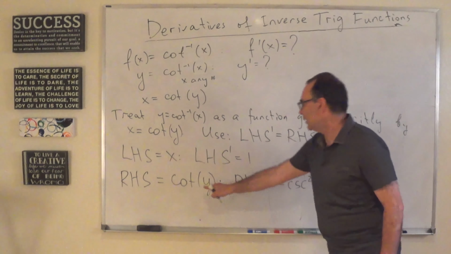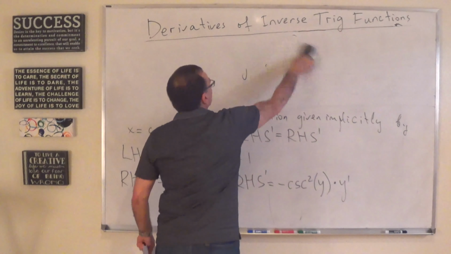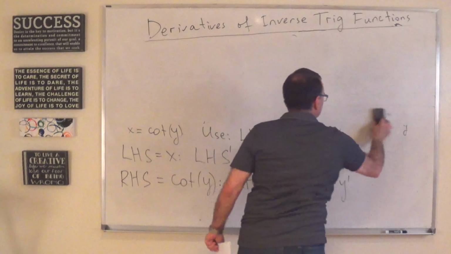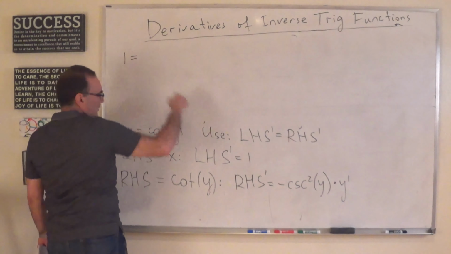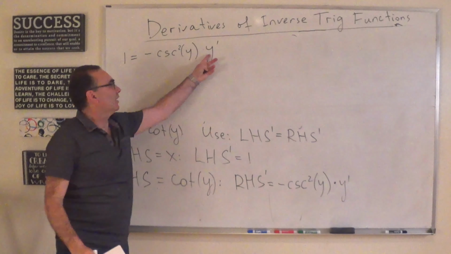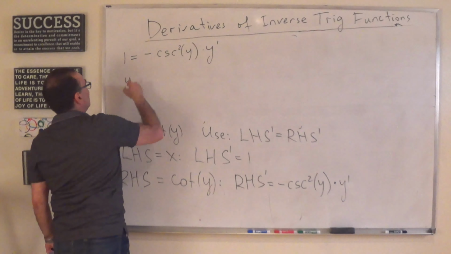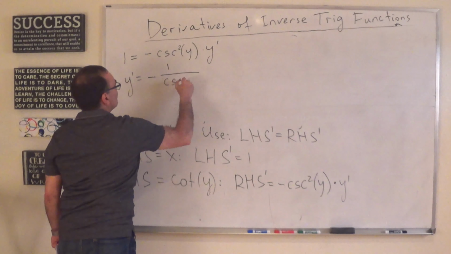So this is the right-hand side derivative. And now, since left-hand side derivative equals right-hand side derivative, we get 1 equals negative cosecant squared of y times y prime. And from here it's very easy to isolate y prime and find the derivative, so y prime equals 1 divided by this, so it's negative 1 over cosecant squared of y.